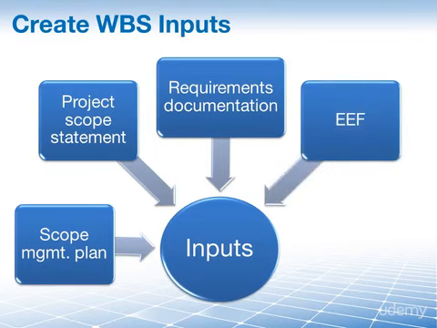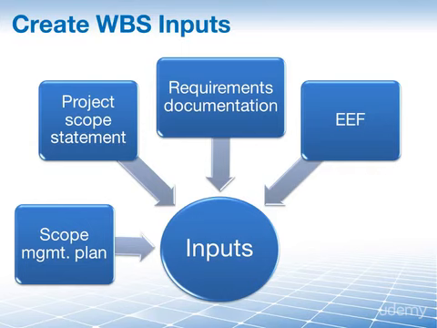Then we have enterprise environmental factors. They are an input because these are conditions that are not under the immediate control of the team that influence, constrain, or direct our program, project, or portfolio. For example, there may be governmental regulations that we need to follow that may not be part of the scope statement or the requirements documentation, but they still have to go into the WBS.